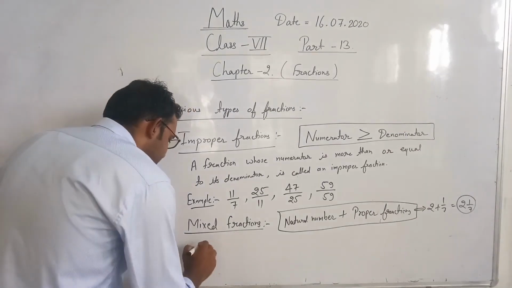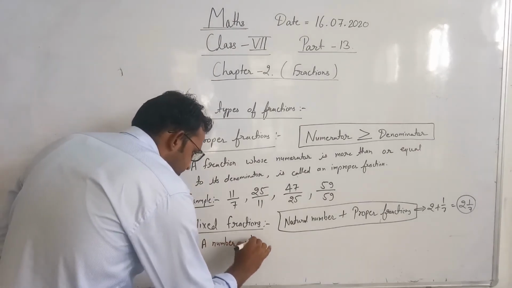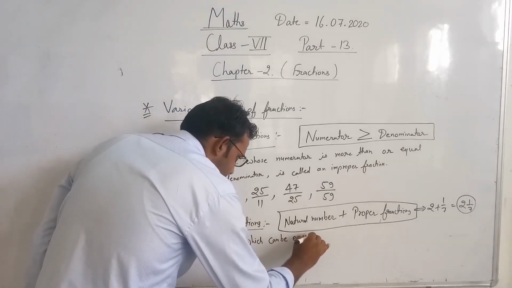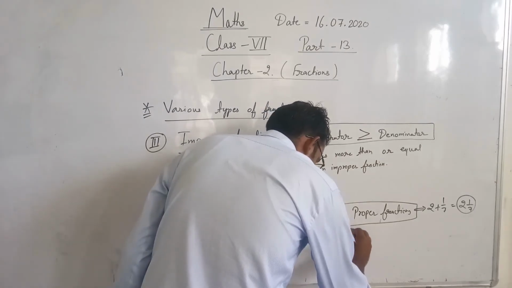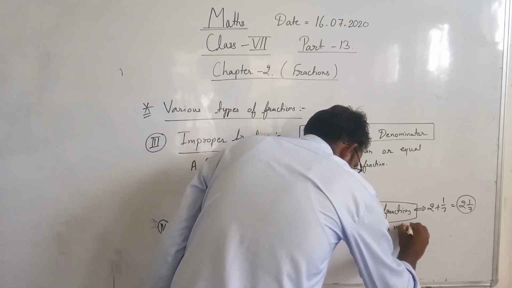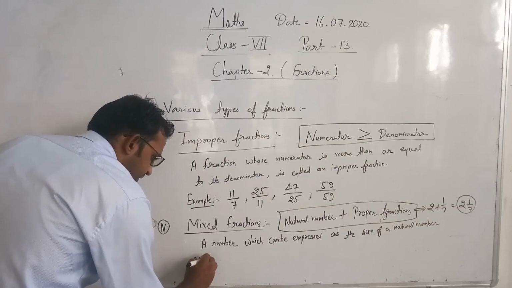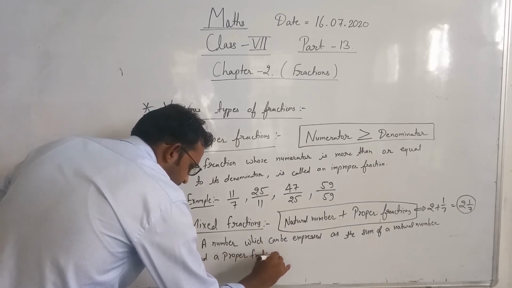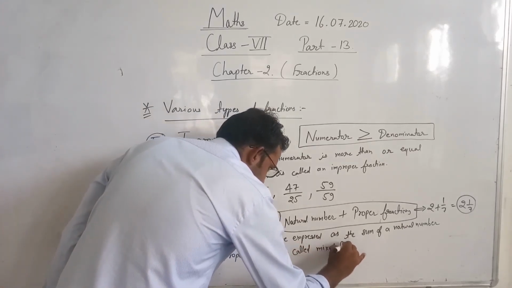In the definition of a mixed fraction, a number which can be expressed as the sum of a natural number and a proper fraction is called a mixed fraction.